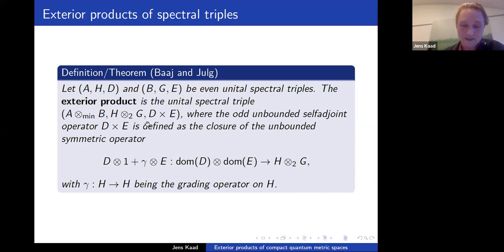And this is the exterior product of even unital spectral triples. It's again an even unital spectral triple. It's not entirely trivial to prove. I think it's due to Baaj and Julg, but it could have been noticed before their paper in the beginning of the 80s. Also, gamma appearing here is the grading operator on the first of the two Hilbert spaces. All right.